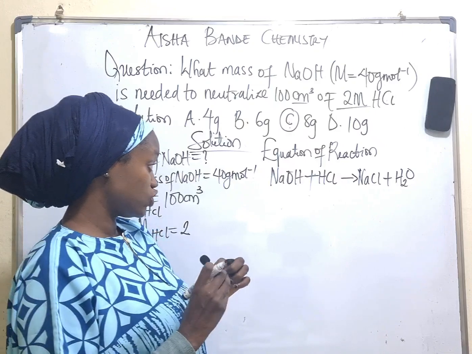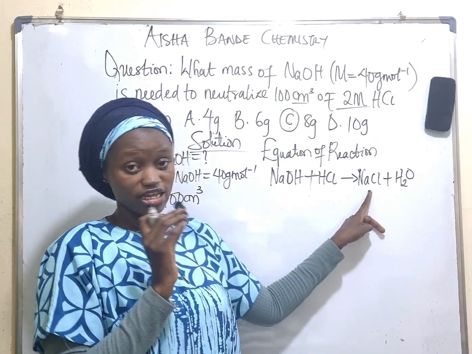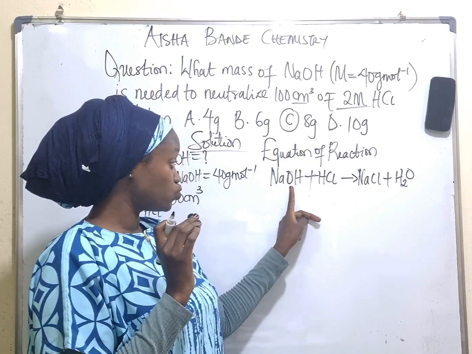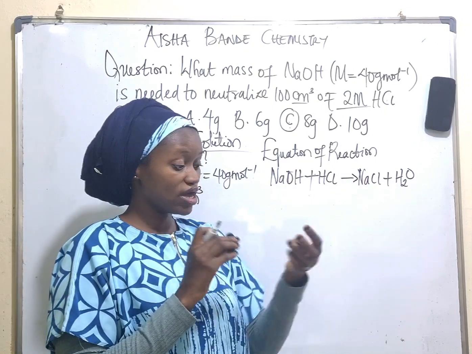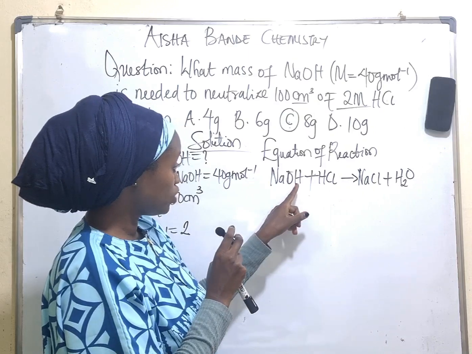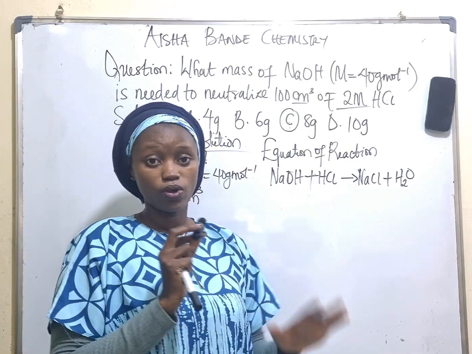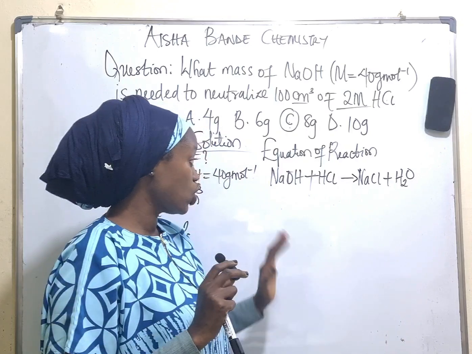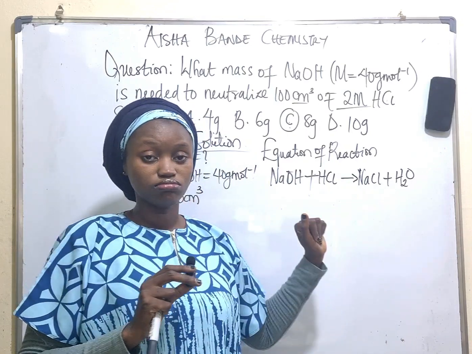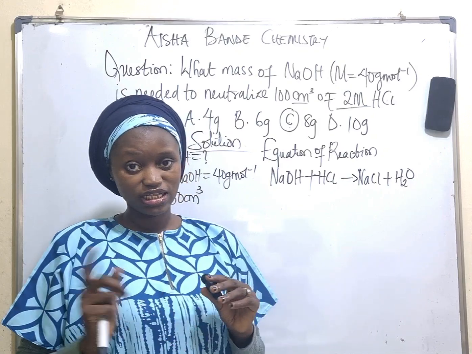Next, we need to check if the equation is balanced. Sodium is 1 at the reactant, 1 at the product. Oxygen is 1 at the reactant, also 1 at the product, while hydrogen is 2 at the reactant, that is 1 plus 1, and 2 at the product. So basically all the elements are balanced, both on the reactant and the product side.